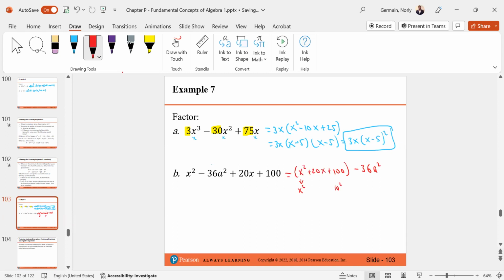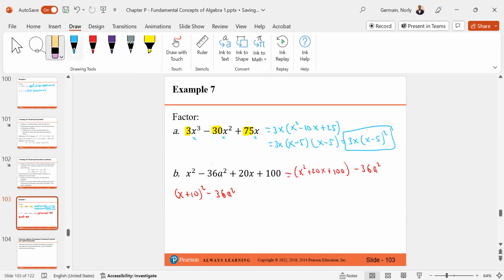So 2 times x times 10 gives you 20. Meaning I can rewrite this one as x plus 10 to the power 2 minus 36a squared. Or, if you want two numbers that multiply to 100 and add to 20, it's 10 times 10, so x plus 10 times x plus 10 gives you x plus 10 to the power 2.